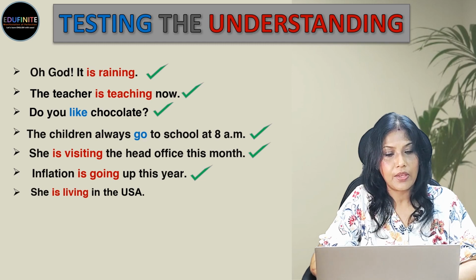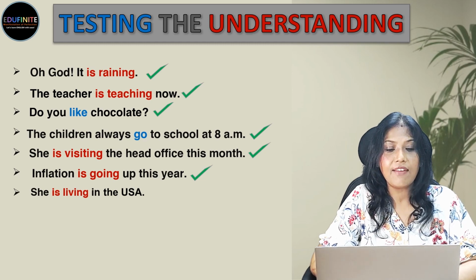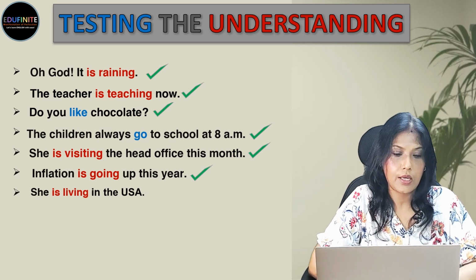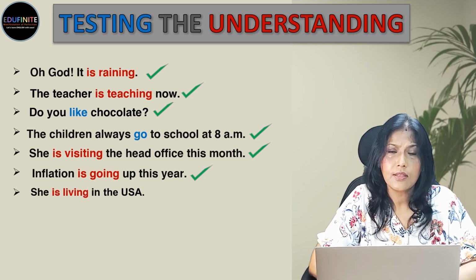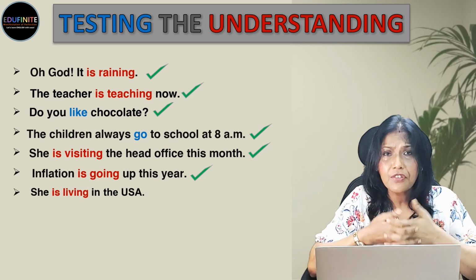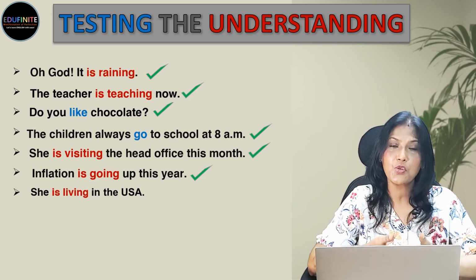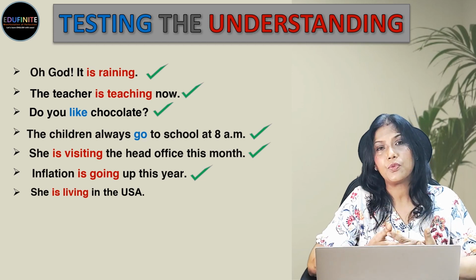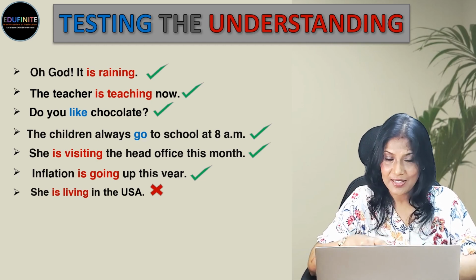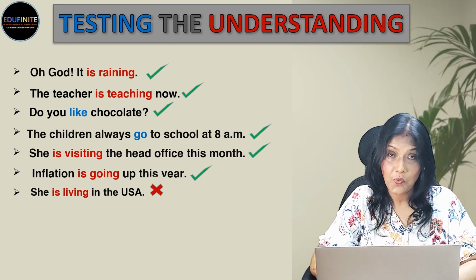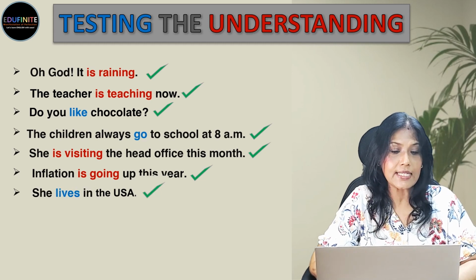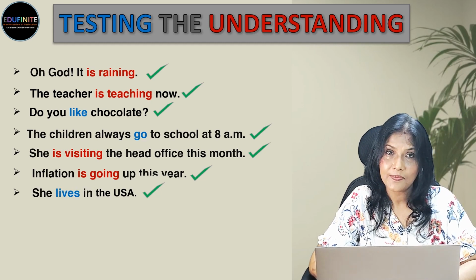Okay, the next one. "She is living in the USA." Now what is this? This is a general true fact. So when we talk about something that's true, we don't use present continuous tense. Of course, this is wrong, and the correct form is "She lives in the USA."